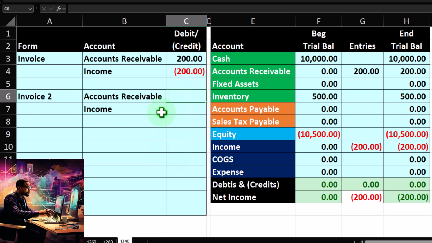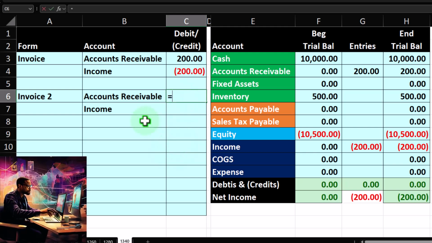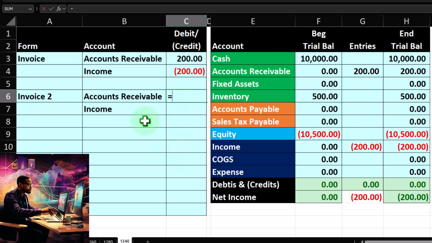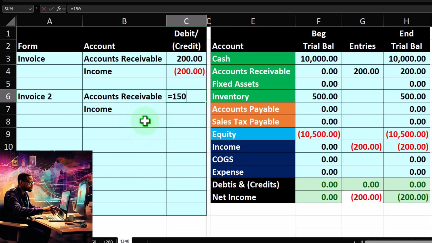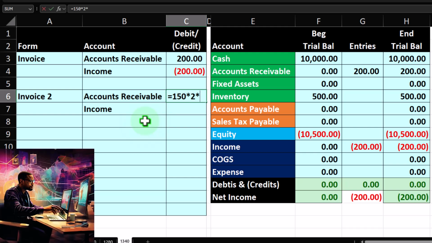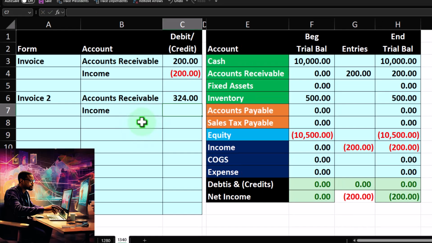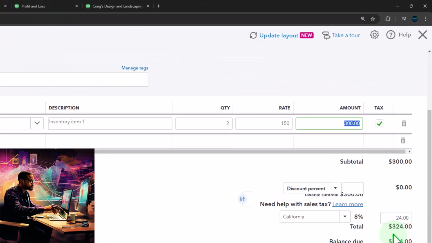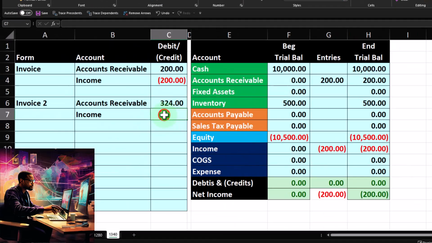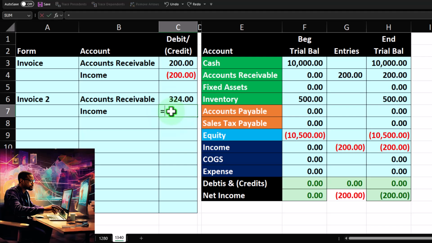And we said accounts receivable is going to go up by, what did we sell it for? We sold 150 times 2, times the sales tax, which I think they had at 8%, which is 1.08, 108%. So that means we're going to collect 324, right? 324. But the sales side is only going to be equal to, I'm going to say negative for a credit, 150 times 2.